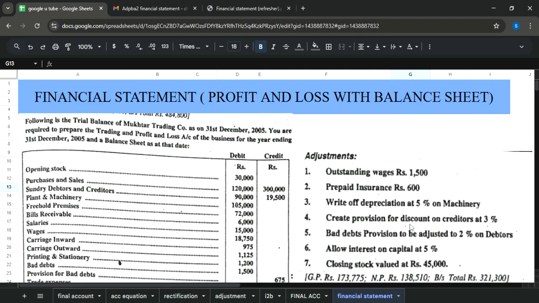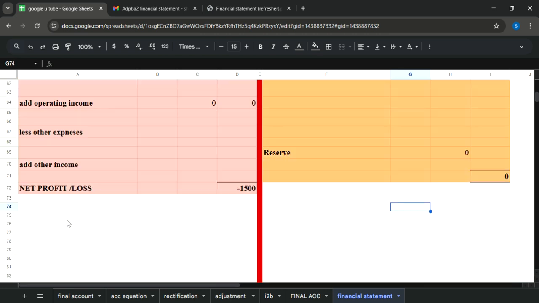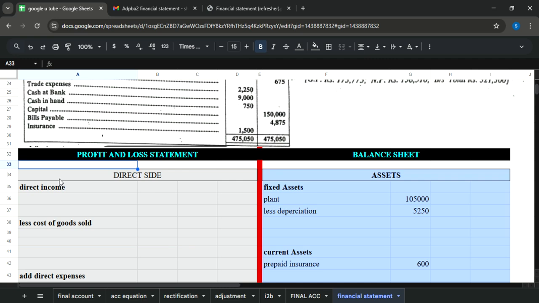Now for the provision for discount on creditors. Creditor is the person to whom the amount is payable. When they give us a discount, it would be a discount received, 3%. So you will come to other income and here the discount would be calculated. For that we need the amount of creditors.